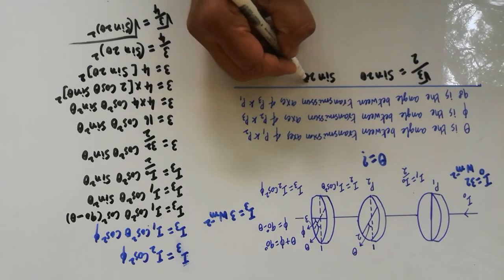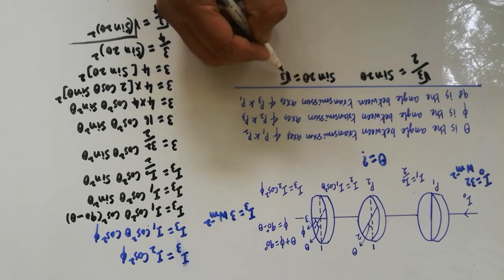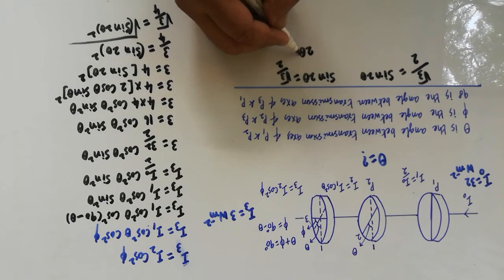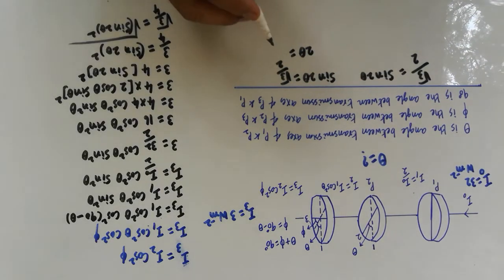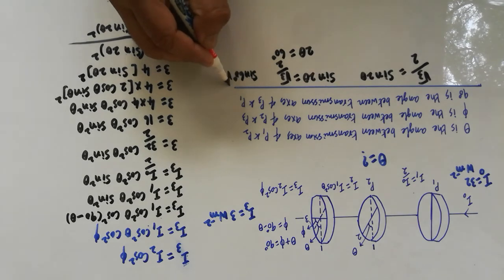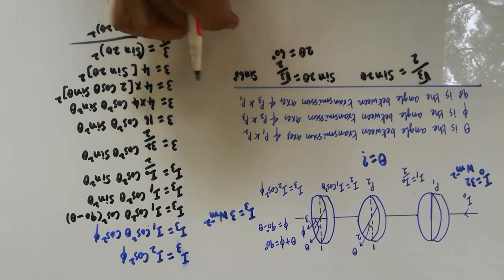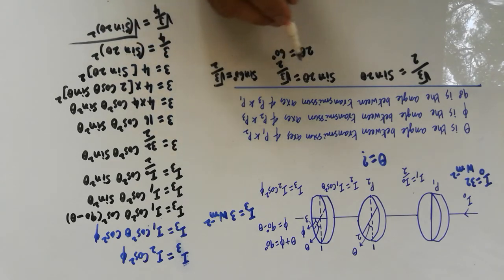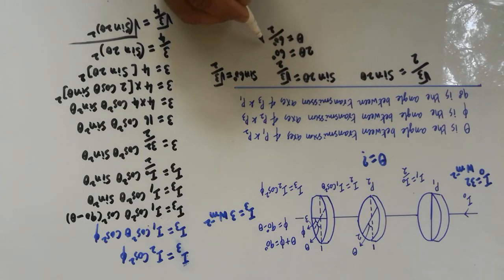Sin 2 theta is equal to root 3 by 2 means what should be the value of 2 theta? 2 theta must be equal to 60, since sin 60 is root 3 by 2. Therefore 2 theta must be 60, and ultimately theta will be equal to 60 degree divided by 2, which is 30 degree.